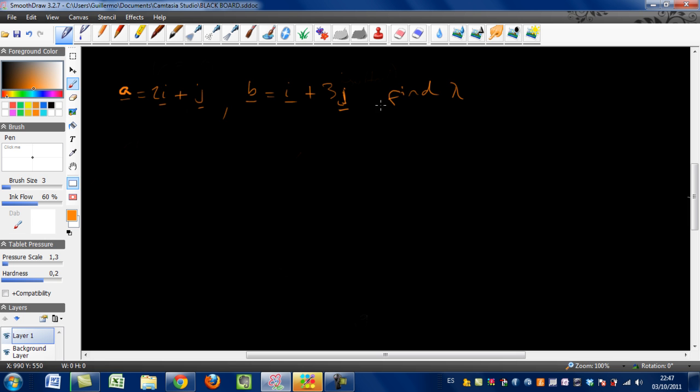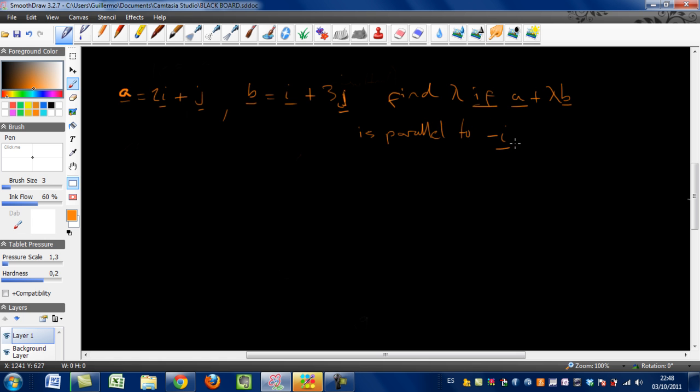Find lambda if A plus lambda B is parallel to minus i minus 3j.